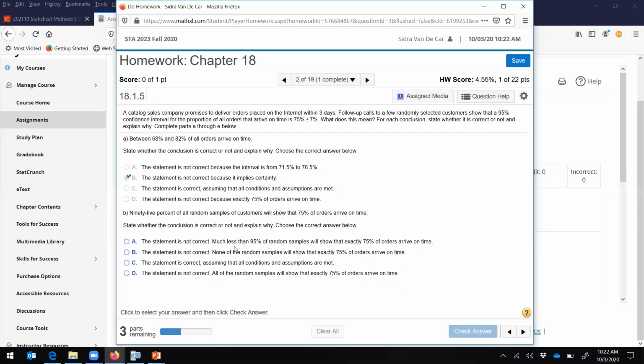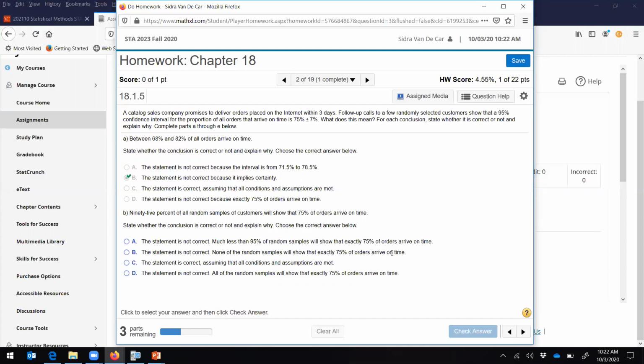Okay, so much less than 95% of random samples will show that exactly 75% of orders arrive on time. How about none of the random samples will show that exactly 75% of the orders arrive on time?